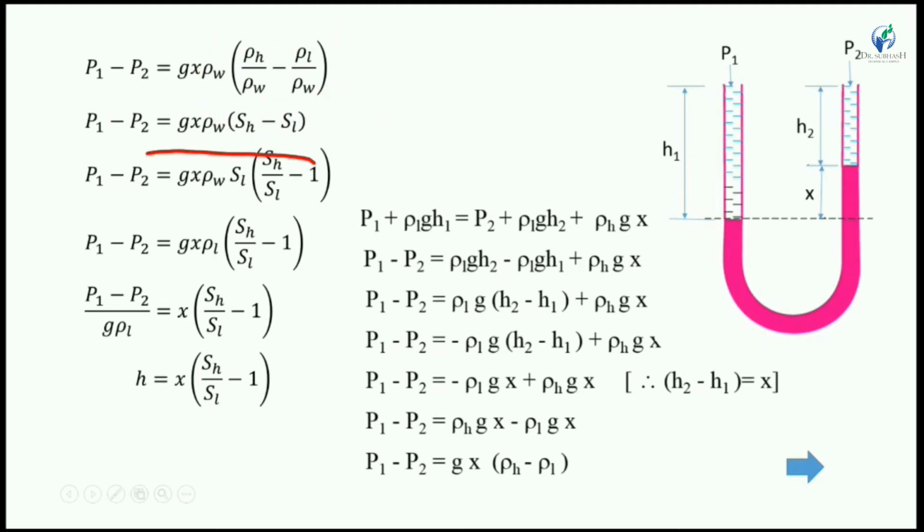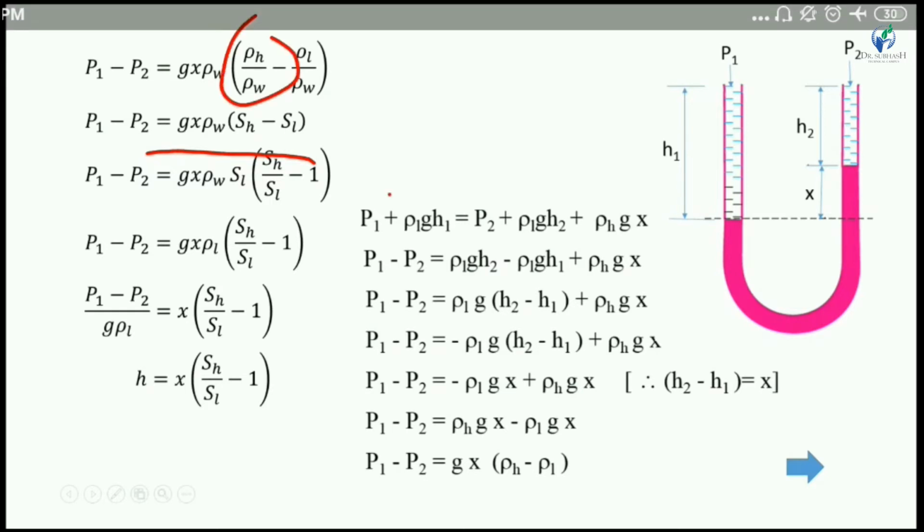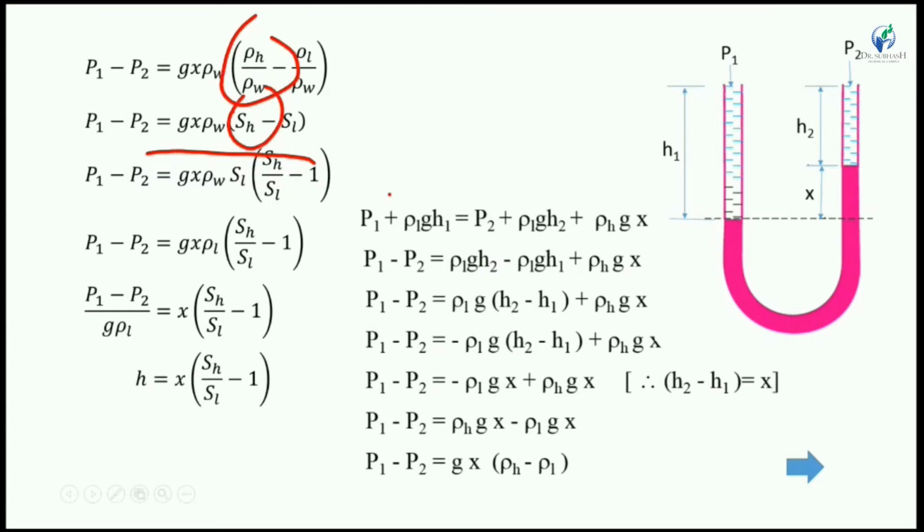So we write the density ratios in the form of specific gravity of heavy liquid and specific gravity of light liquid. Now the specific gravity of light liquid SL is taken common from the bracket, so SH upon SL minus 1.